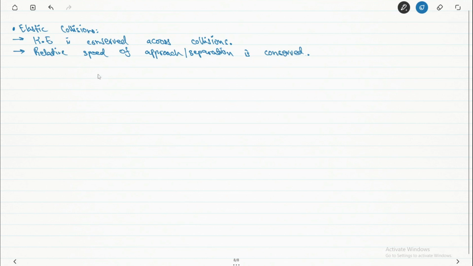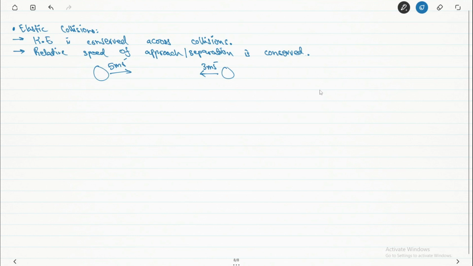A particle moving at 5 meters per second and a particle moving at 3 meters per second have a relative speed of approach of 8 meters per second, because if you're on one particle, you will see the other approaching you at a speed of 8 meters per second.